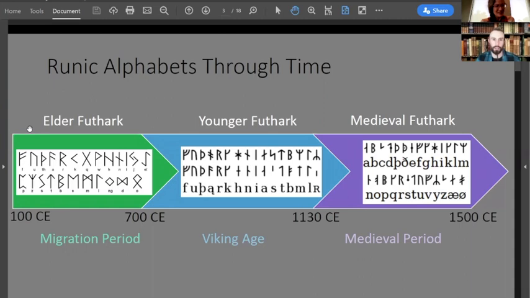There's a little bit of evidence from the Viking Age, though most of it is actually from later literary sources that are about the Viking Age, that they may have been used individually sometimes as magical symbols, but this seems to have been kind of a secondary use rather than the primary use, which was to write things.